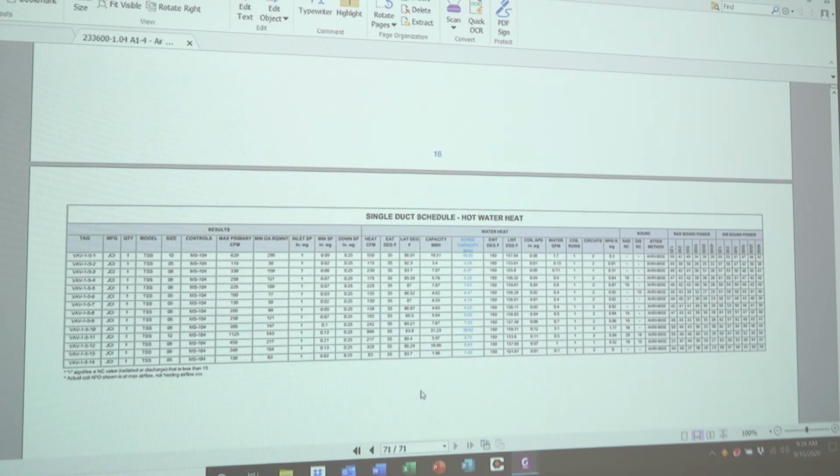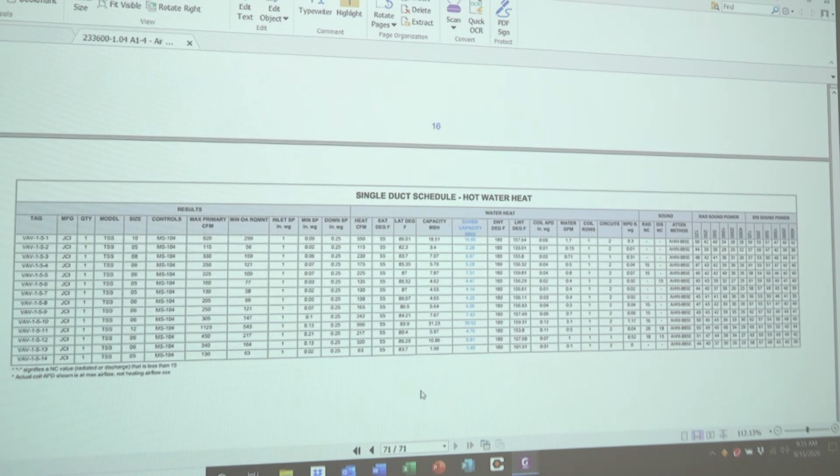So as we looked at the VAV boxes through a plan view on multiple floors, I'm just bringing you into this schedule. Okay, these are all part of the same VAV box submittal package that we were using before to discuss the parts and pieces of a VAV box and some of their controls.